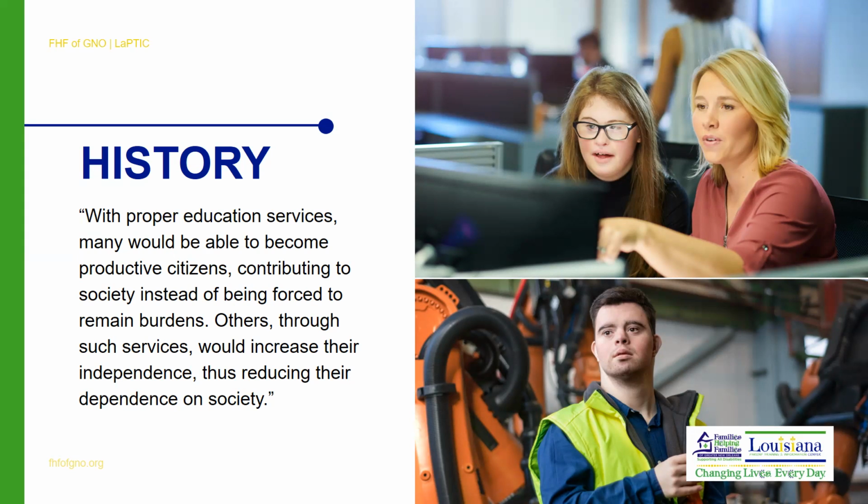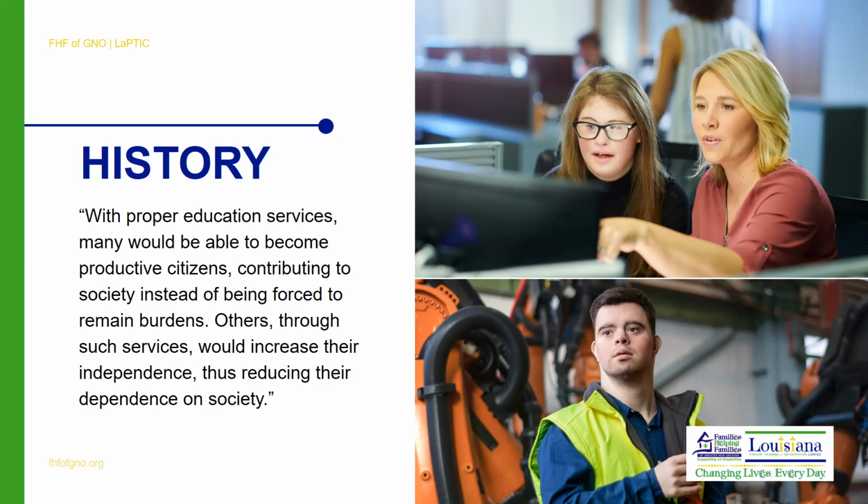So a year later, in 1975, Congress enacted Public Law 94-142, also known as the Education for All Handicapped Children Act of 1975. Congress intended that all children with disabilities would have a right to education and to establish a process by which local and state educational agencies may be held accountable for providing educational services for all handicapped children.